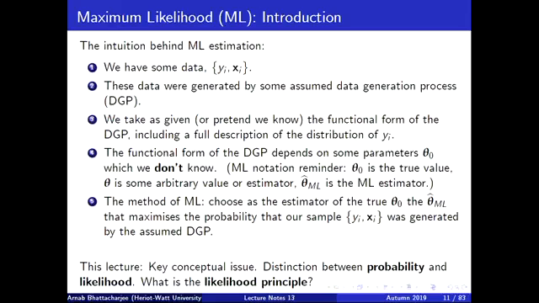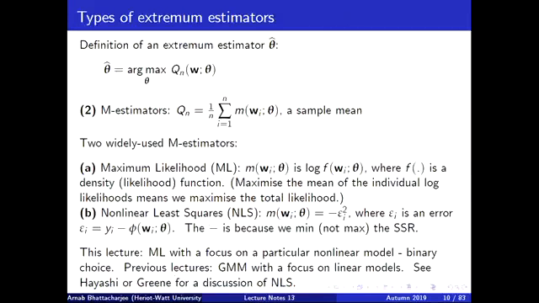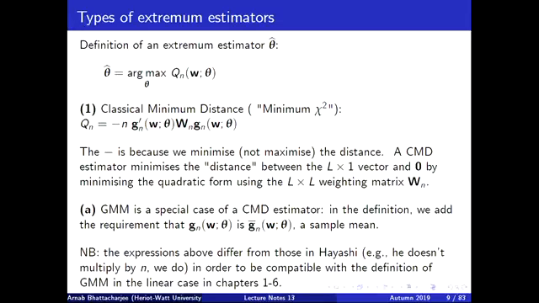When we did GMM, we obtained a distance. A distance between what? Distance between the theoretical moments, moment conditions, right? And the moment conditions that come from the data.